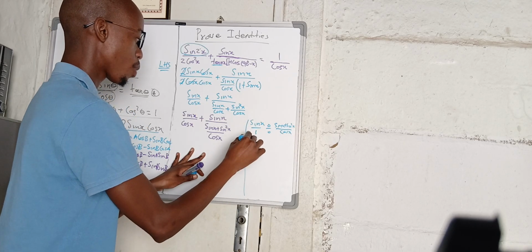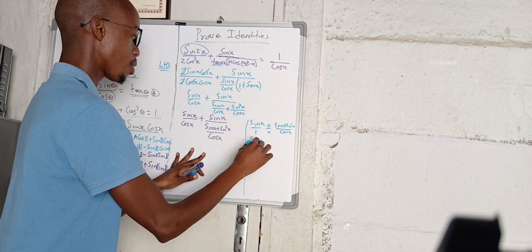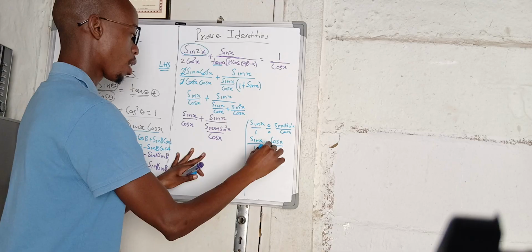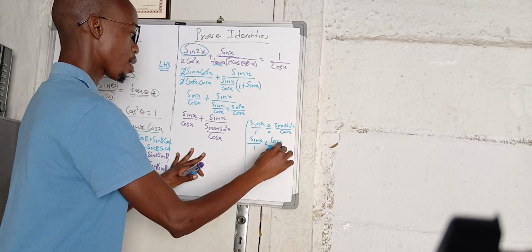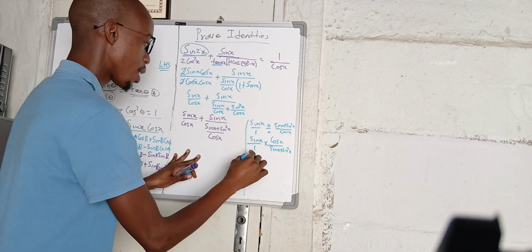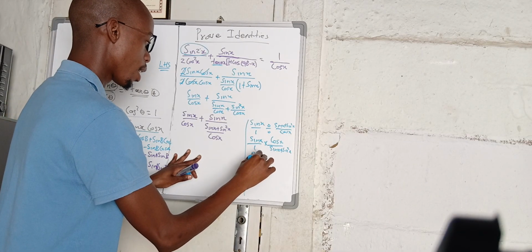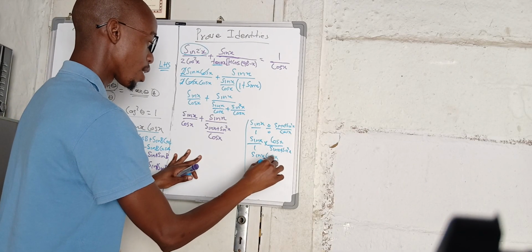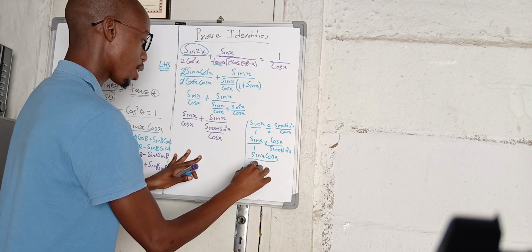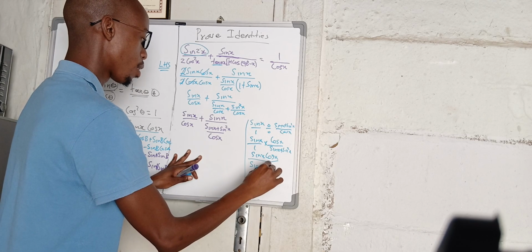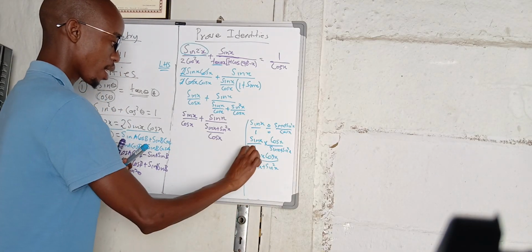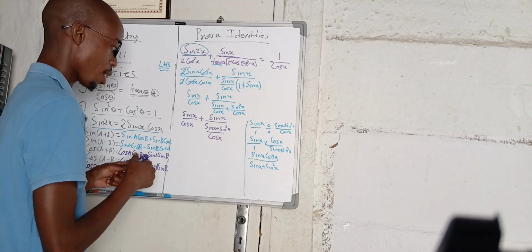So I can leave this one as it is over 1 multiplied by cos x all over sine x plus sine squared x. So I'm going to multiply both sides. I'll end up having sine x cos x. I've done this when we started. So we'll end up having on the denominator sine x plus sine squared x. Isn't it nice? So I'm going to write this here.